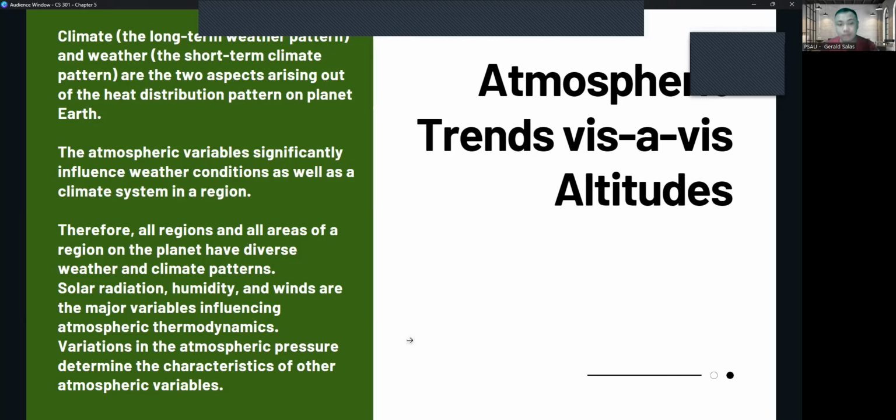Now, other variables that are very important, that actually influence the thermodynamics, we have the solar radiation, the humidity, and winds. So humidity, we've talked about this last meeting. Na when a certain area is very humid, sometimes you feel the heat more. So mas mainit kapag mas mataas ang humidity. But of course it's very dependent on the topography of the area.